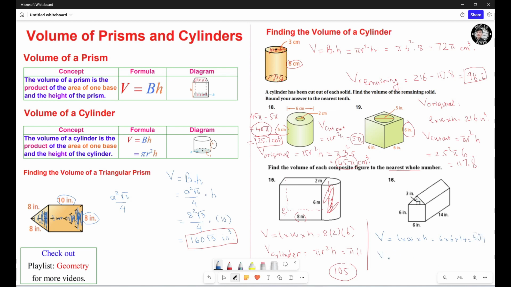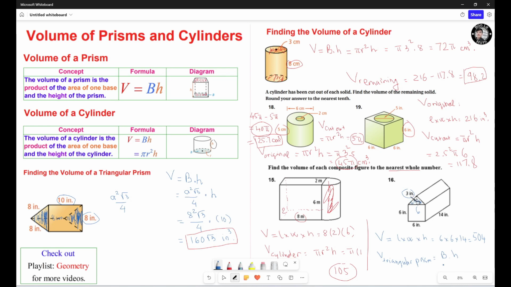So the volume of the triangular prism equals the area of the base times height. The area of the base is going to be base times height divided by 2. The height equals 3. The base equals 6 right here. So this is the base of the triangular prism.